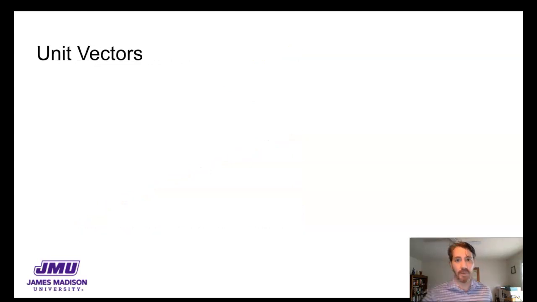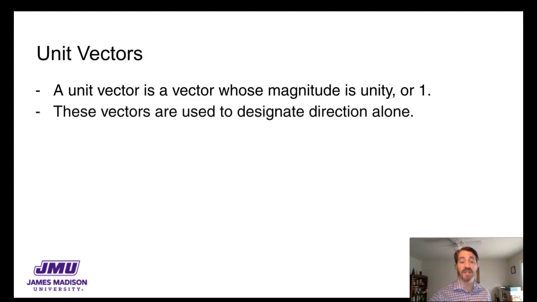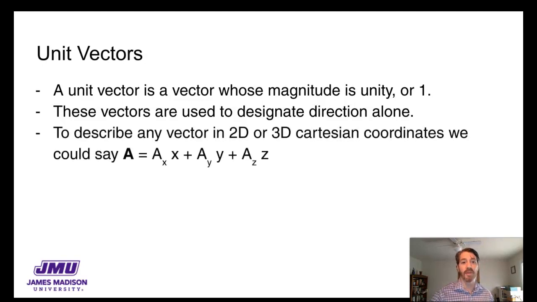I'd also like to mention really quickly that we're going to make use of unit vectors. Unit vectors are vectors whose magnitude is 1 and their only purpose really is to designate a direction. So we will use those as our way of designating a direction when we are reporting the magnitudes of some vector that we're working with.